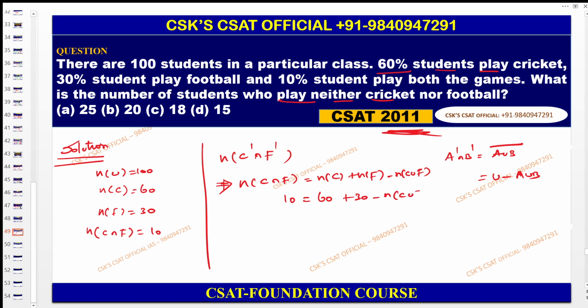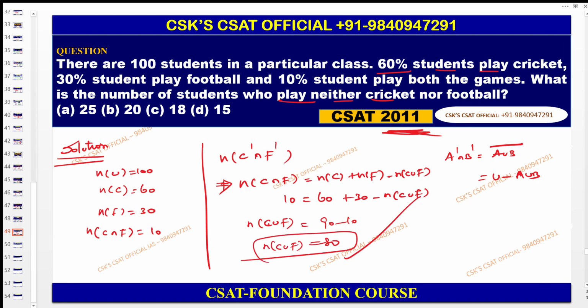So let us find the union. n of union means either or, either plays cricket or football. So therefore 90 minus 10, which is equal to 80. You have found this one.